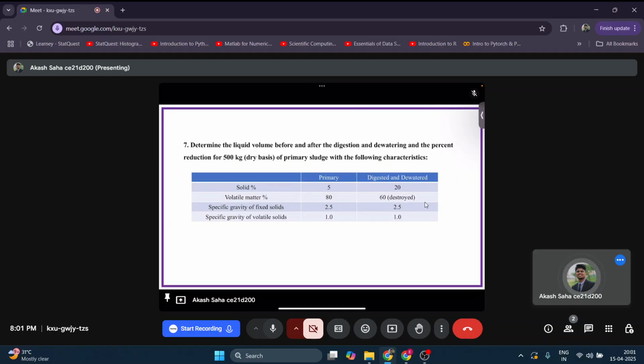So the solid percentage is given for both the primary and the digested dewatered sludge, the volatile matter percentage, and the specific gravity of fixed and volatile solids. So try it out.